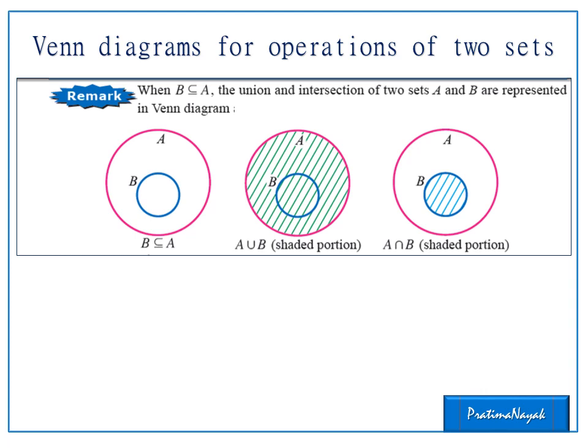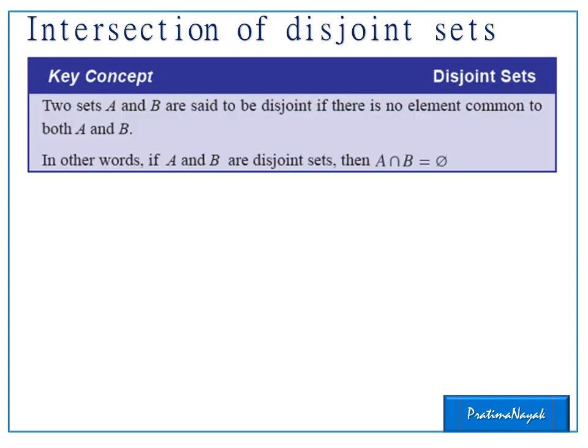Here B is a subset of A. So when we take A union B, we'll shade the whole bigger set, it is A. And when we are taking the A intersection B, the smaller shade will be the solution.